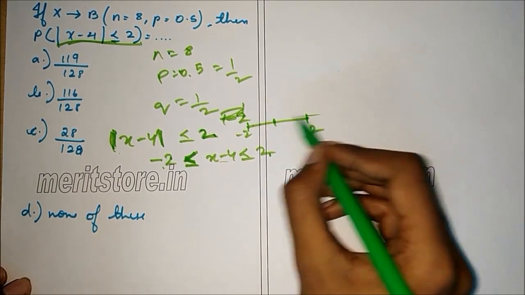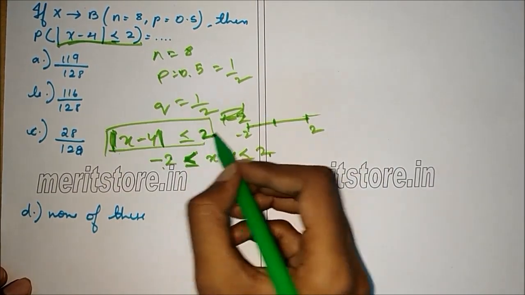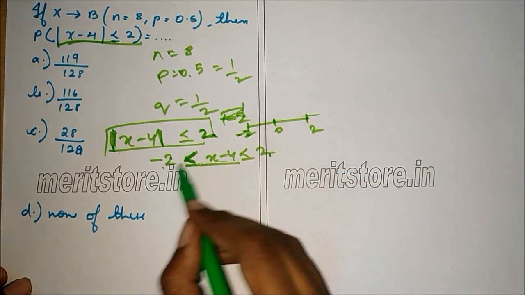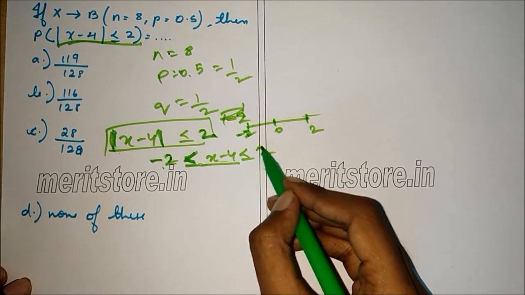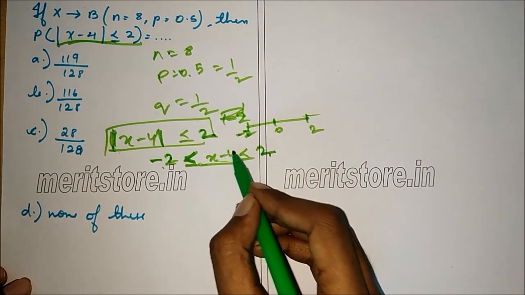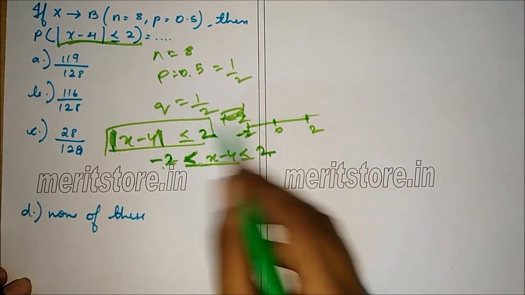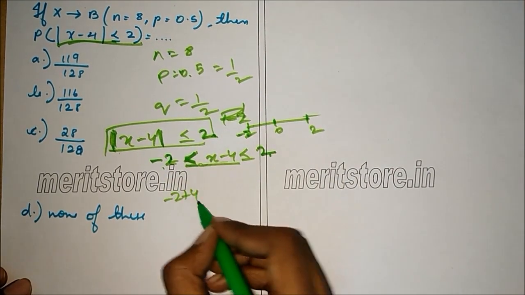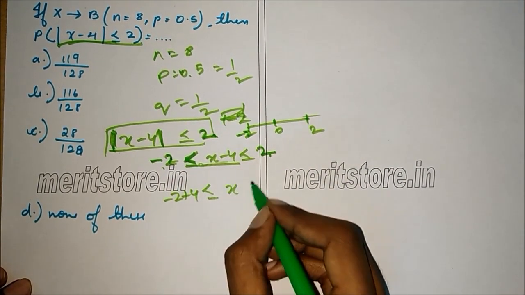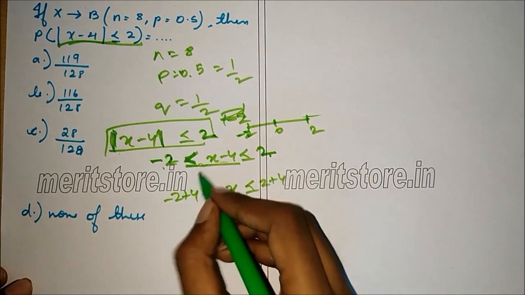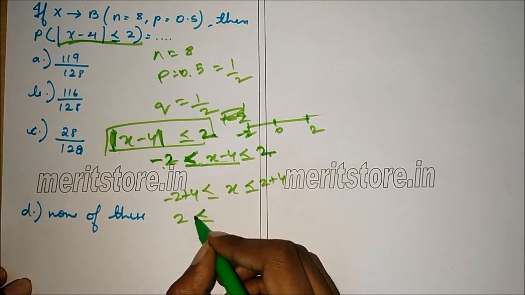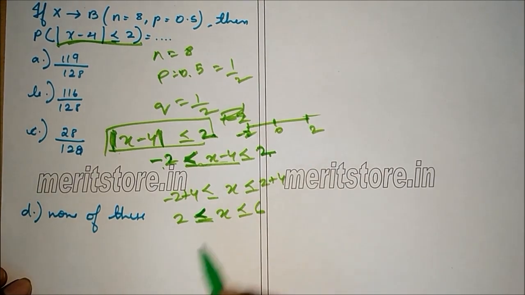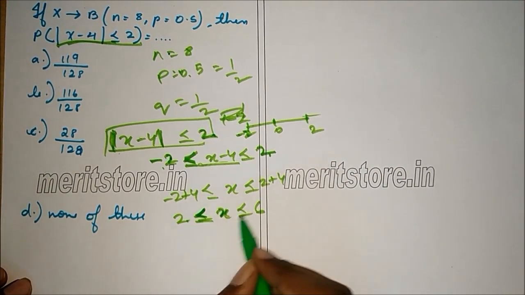Anything beyond that will not satisfy the equation. So x minus 4 will lie between minus 2 and 2. We bring the 4 to both sides, like an equation. So minus 2 plus 4 is less than or equal to x less than or equal to 2 plus 4. So 2 is less than or equal to x less than or equal to 6. So we can say x lies between 2 and 6.